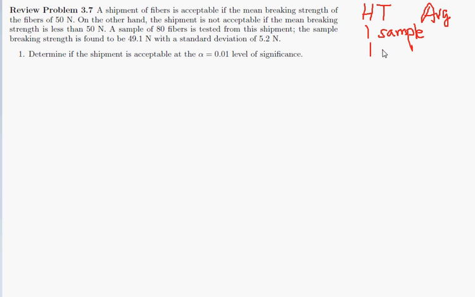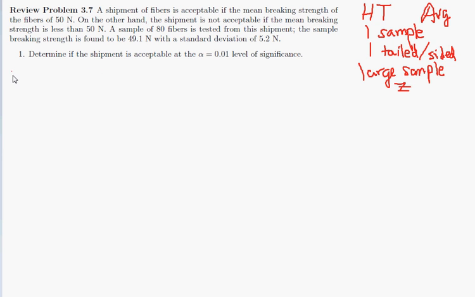It is a one-sided or one-tailed hypothesis test because the question is, is it less than 50 or not? It is a large sample. The sample is more than 40. And so for these reasons, the test statistic in question will be Z.